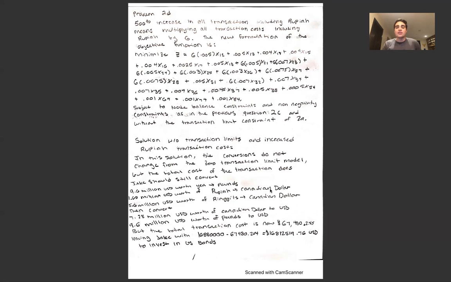Because if we think about it, in our first example with no transaction limits, you're always going to send your money through one way, the cheapest route out of the country. In the same case, you're going to always send it through the cheapest route now that there are no transaction limits. So now you just pay that extra premium on the transaction cost.